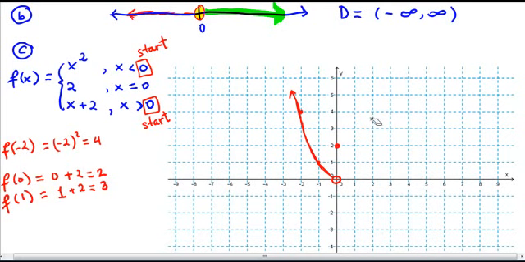Let me graph this in green, so you can see it differently. Like that. So we have a point at 0, 2, which is a closed circle, and the green is an open circle because I cannot include 2.